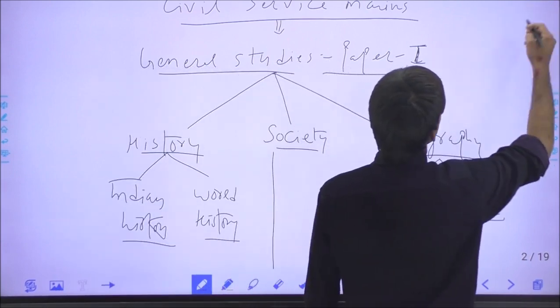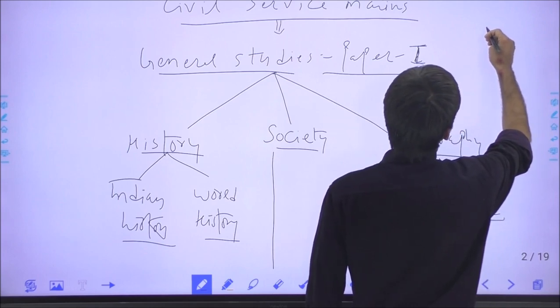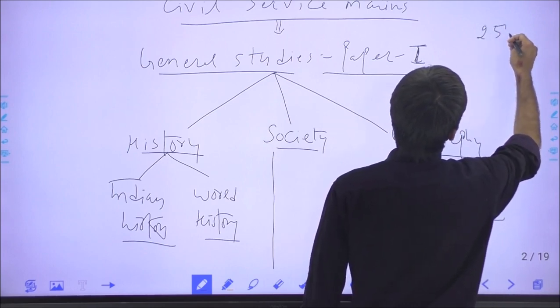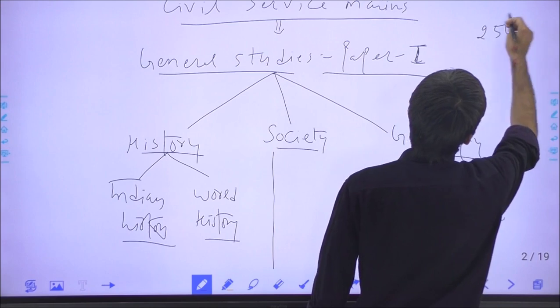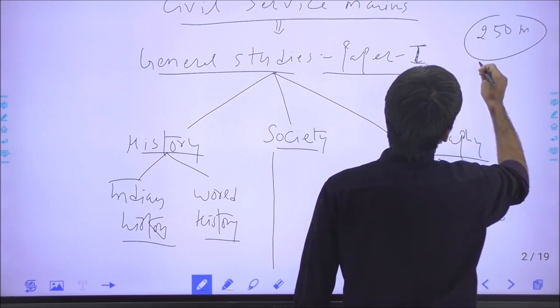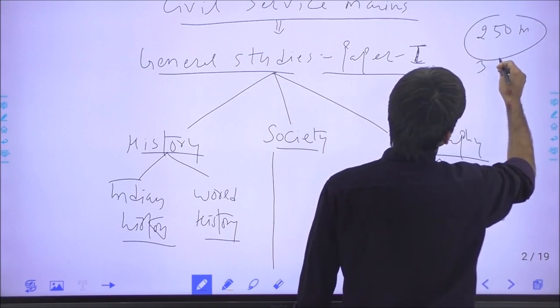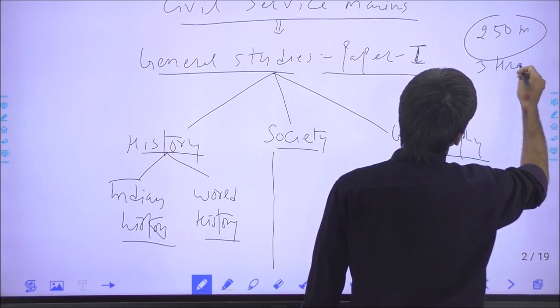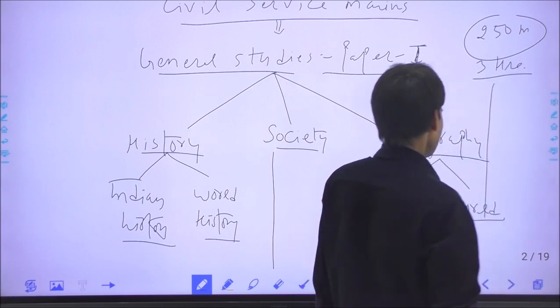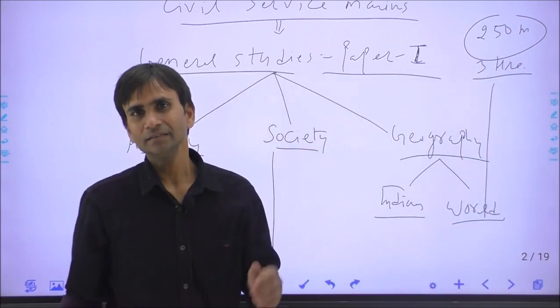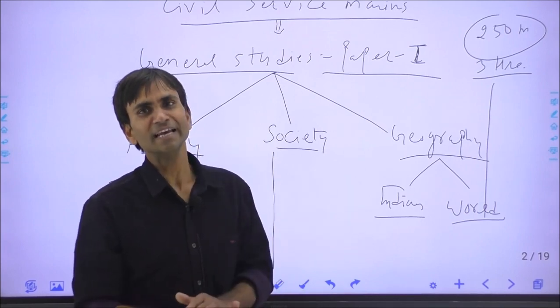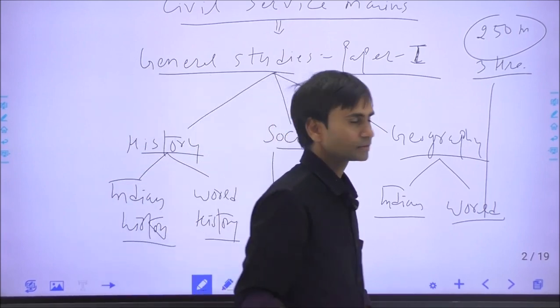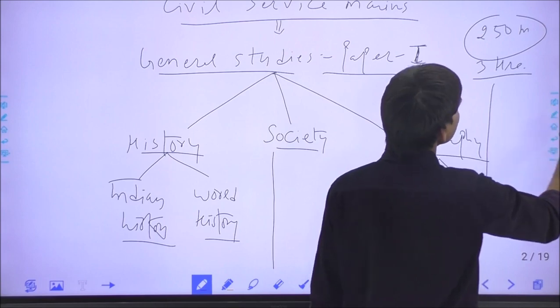The general studies paper 1 covers the 250 marks and the time allotted for the paper is 3 hours. And UPSC since the last 10 years have changed the question patterns.